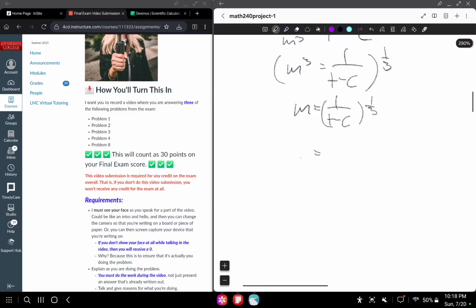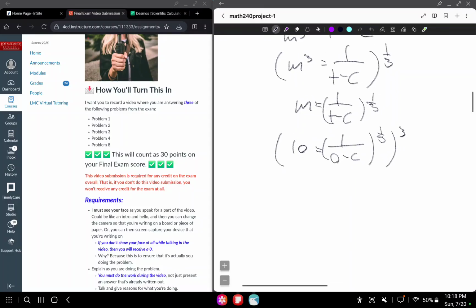So 10 is equal to 1 over 0 minus c, 1/3 to the power of 3, 1000 equals 1.